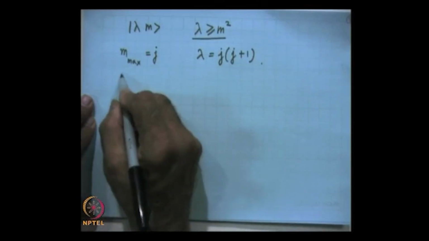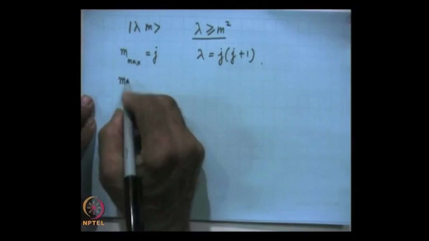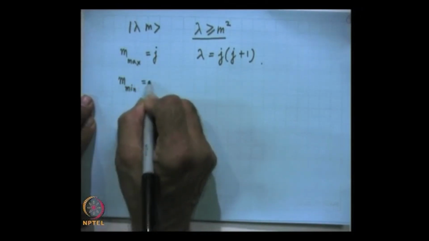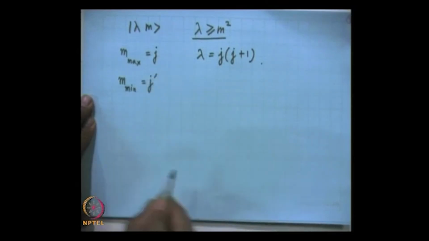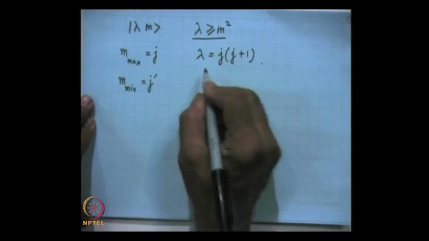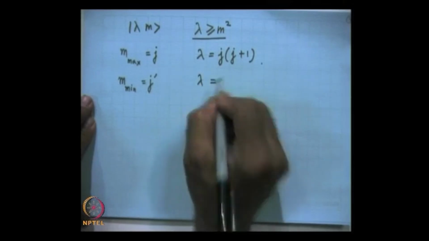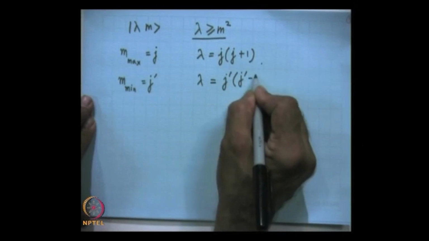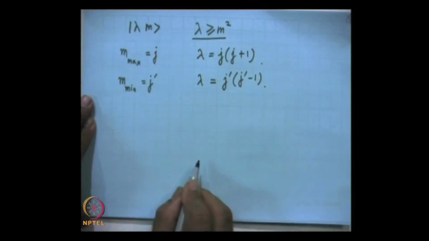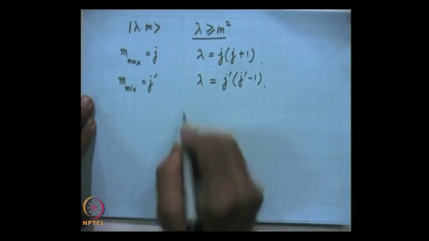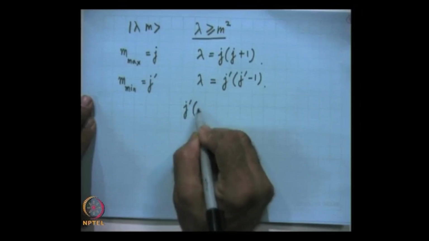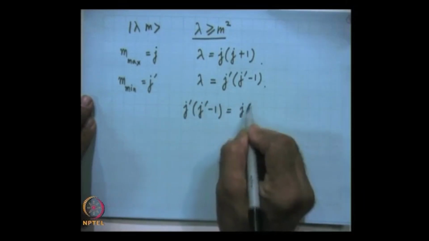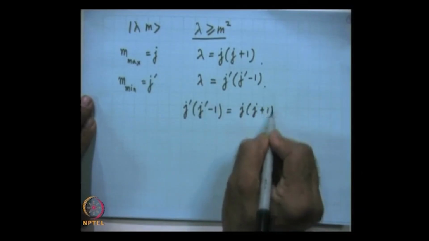Then we used ladder operators, j minus operators. We found that m must have a minimum value and let that be j prime, and we just now found that lambda must be equal to j prime into j prime minus 1. So, j prime into j prime minus 1 is equal to j into j plus 1.